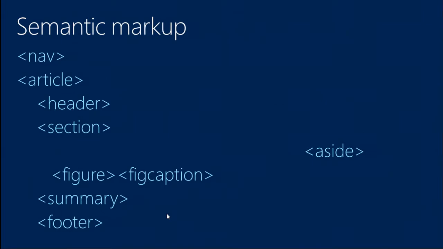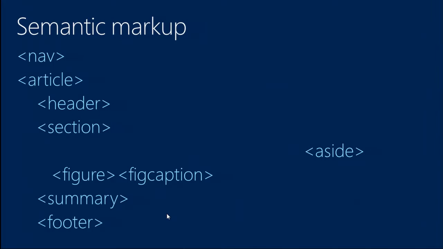So semantic markup introduces a bunch of new tags in HTML5 that are trying to specify the semantics of what parts of the page are good for. So, for example, you see here on the screen we have something called article. Well, the article element is really designed to define the content inside of your app that makes up the true content that you're trying to deliver.